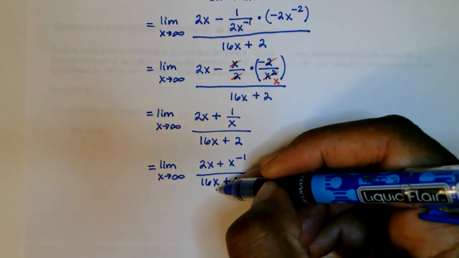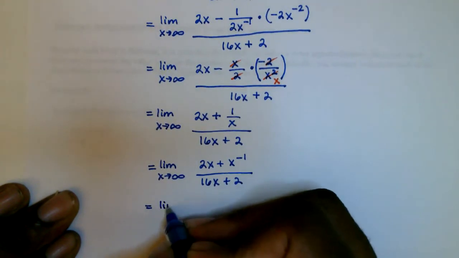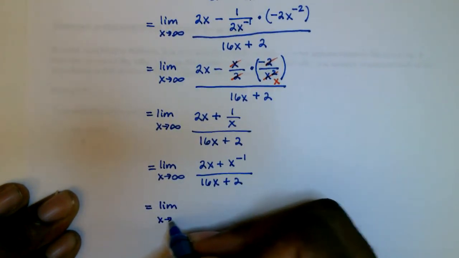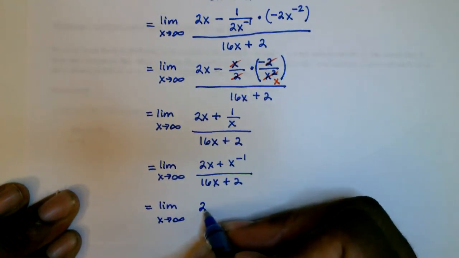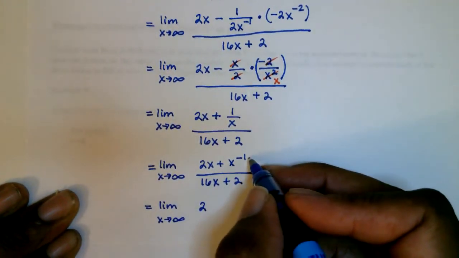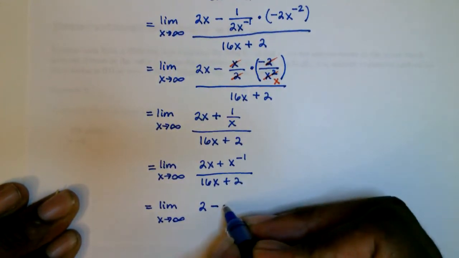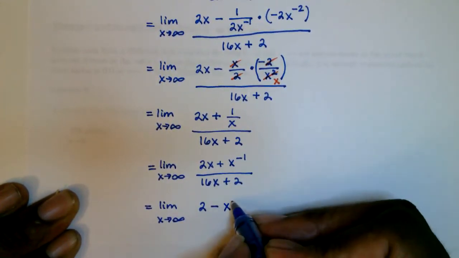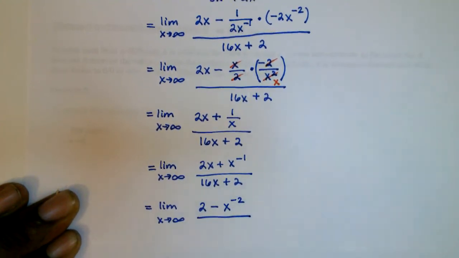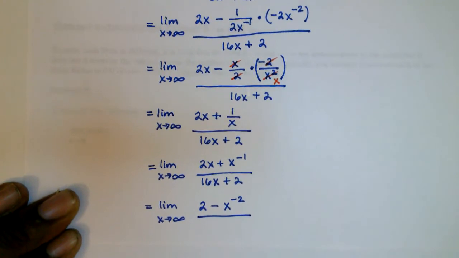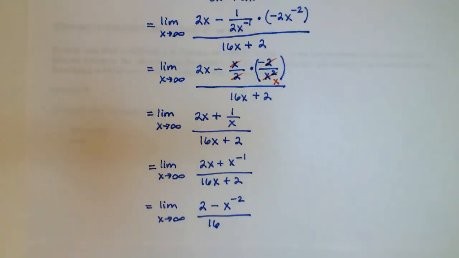So I need to apply L'Hopital's rule again. The derivative of 2x will be 2. The derivative of x to the negative 1: if I bring the negative 1 down, that's going to be minus, copy over x to the 1 less power, x to the negative 2, divided by the derivative of 16x, which is 16. And of course, the derivative of 2 will be 0.